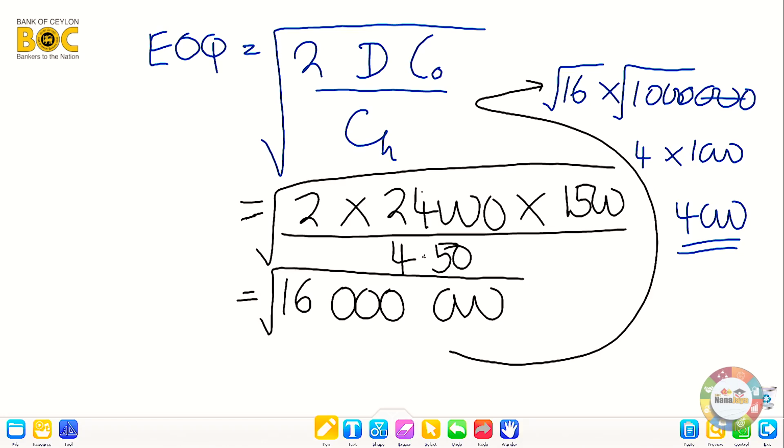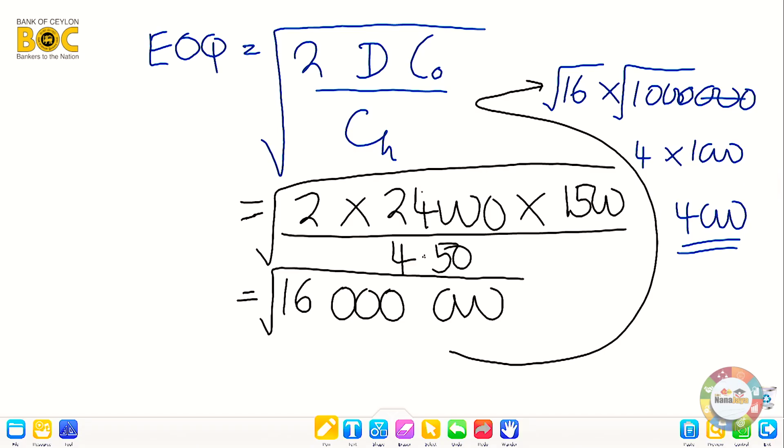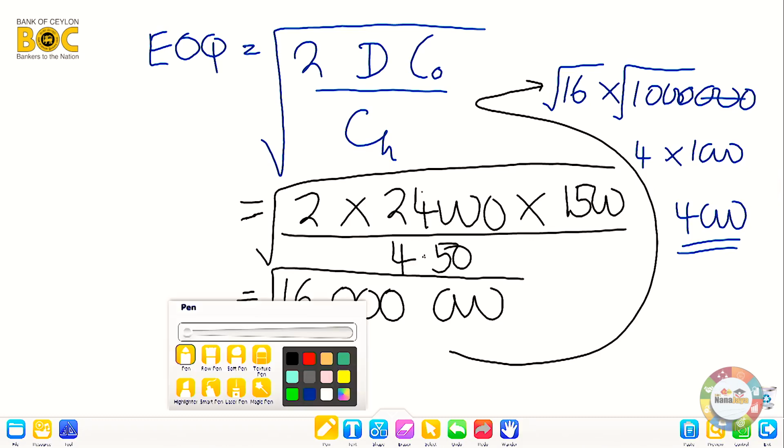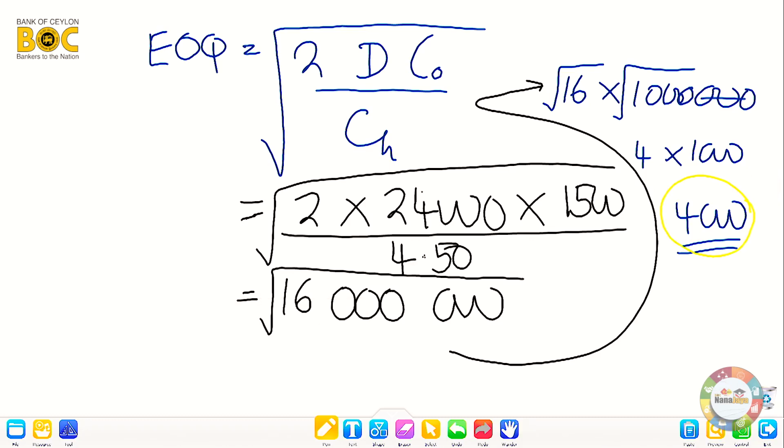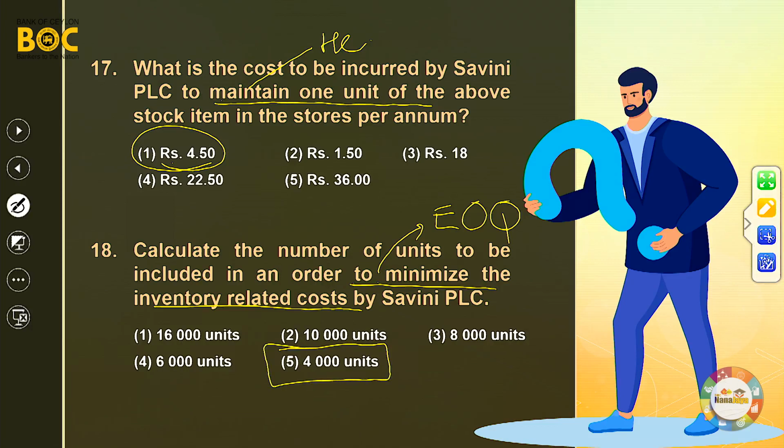From the EOQ calculations, we got 4,000 units. EOQ is 4,000 units. Now the answer to number 5.